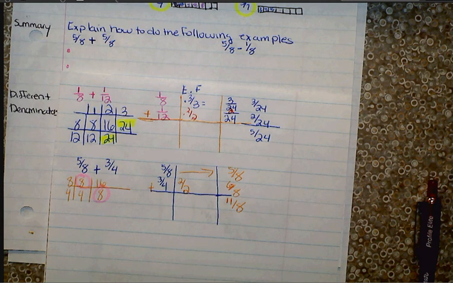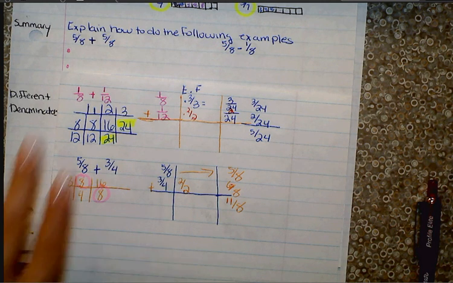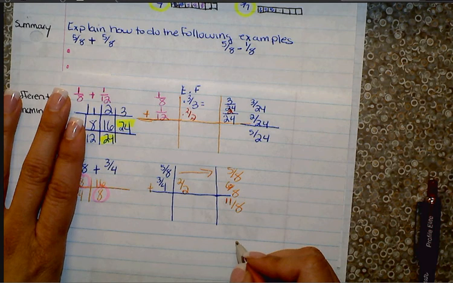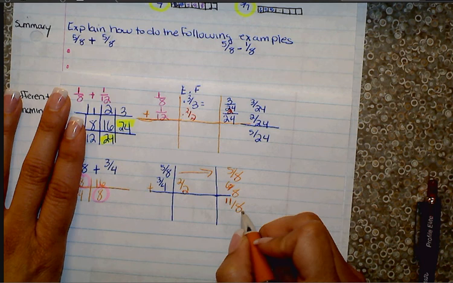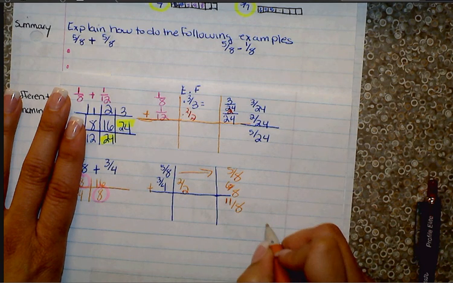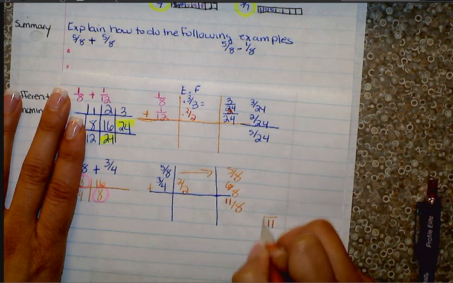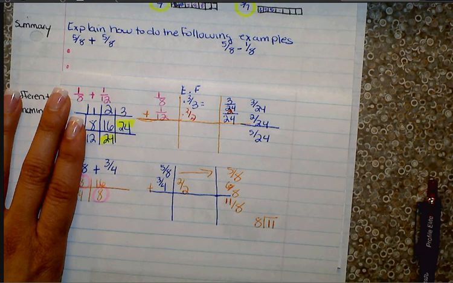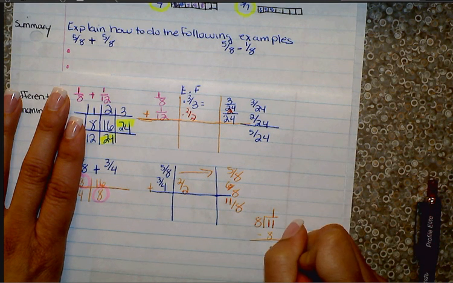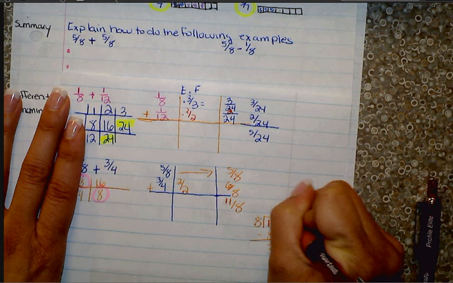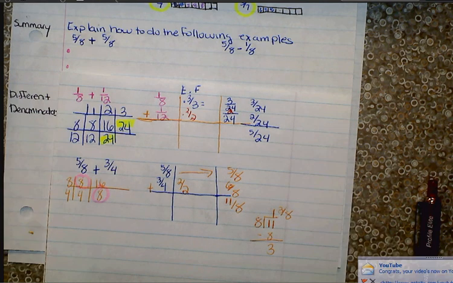It's an improper fraction, so I need to change it to what? A mixed number. So we're going to divide the numerator by the denominator. How many times does that go in there? How many do I have left over? 3. So 1 and 3/8.